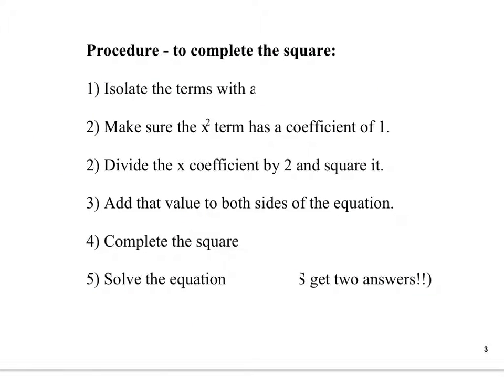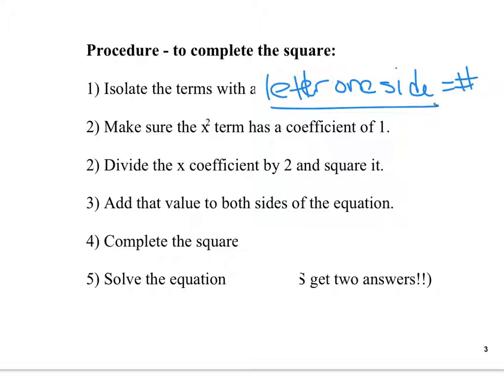Good to know. Okay, so the procedure that we use: you isolate the terms with a letter on one side and the number goes on the other. So the letters are over here and the number is there. This is the only time we do that when we solve a quadratic, when we use completing the square.